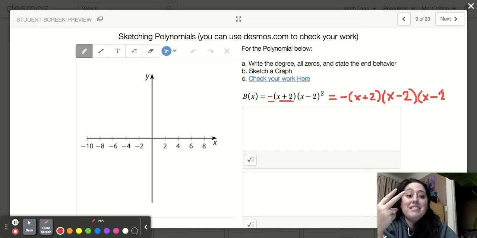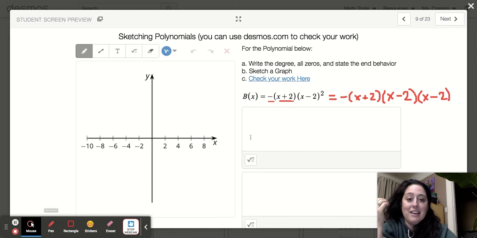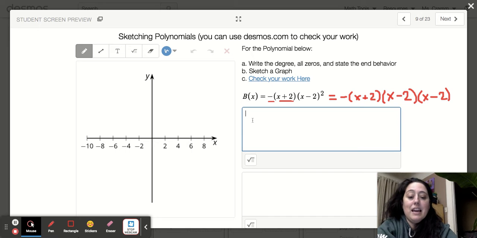All right, so if it's an even number, and I'm actually going to write that in here, right? I'm going to say x minus 2, well, let's say the factor x minus 2 has a multiplicity of 2.